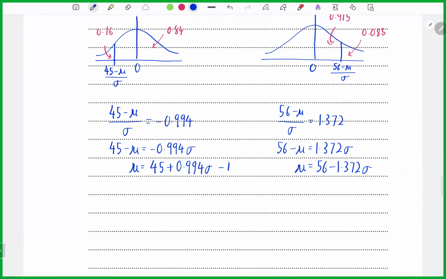This is the first and second, so I can take first equation equals second equation. So 45 plus 0.994 standard deviation equals 56 minus 1.372 standard deviation. So you will get 2.366 standard deviation equals 56 minus 45 equals 11.